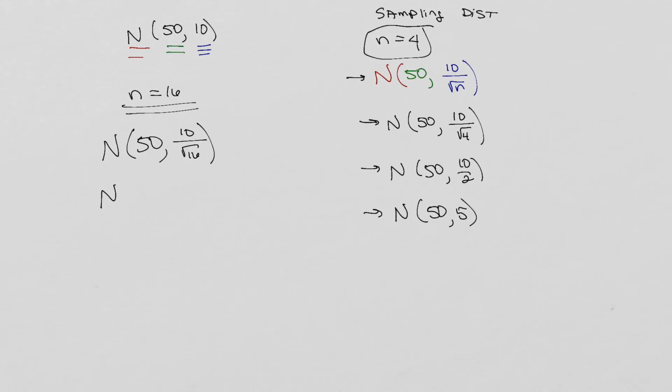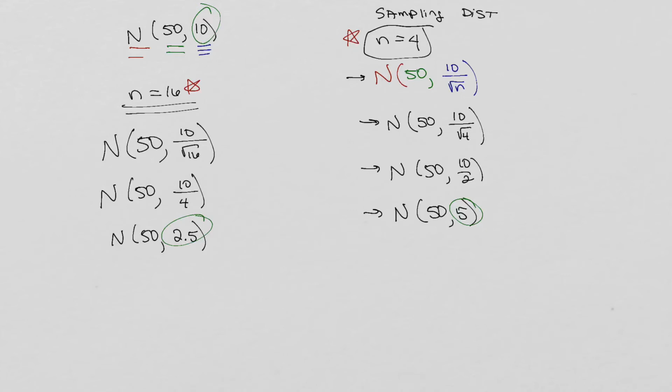The square root of 16 is 4, so it'll be a normal distribution, an average of 50, with a standard deviation of 2.5. And I mentioned it before, but you can see here, as the sample size gets bigger and bigger, the standard deviation starts to go down. The reason for that is, instead of looking at one score at a time, we're looking at 4 scores or 16 scores. Okay?